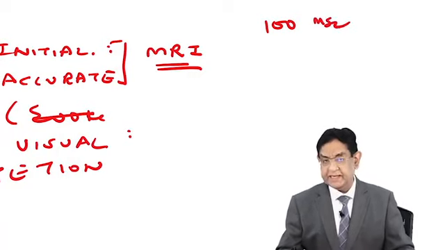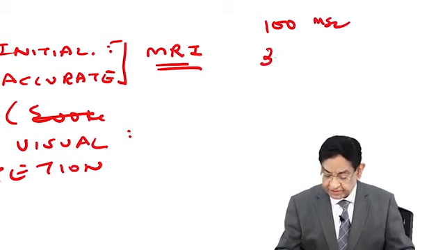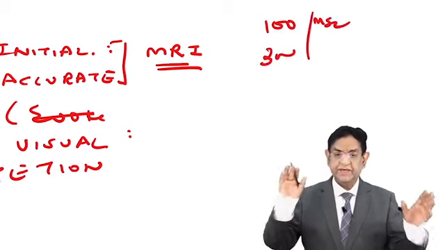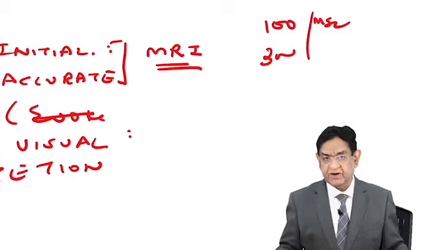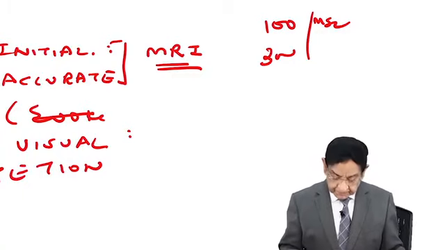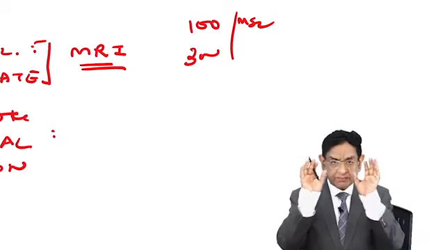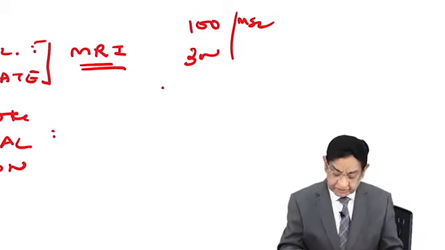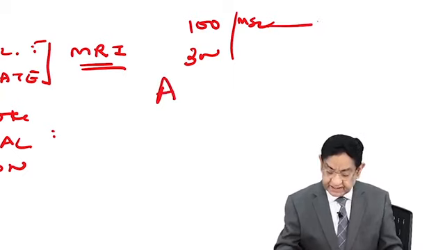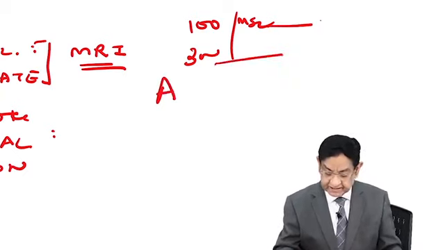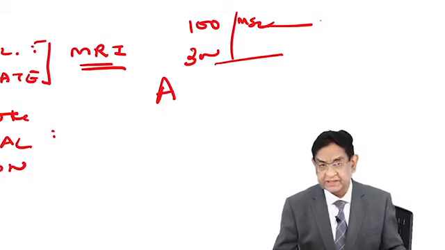In demyelinated fiber, the impulse will reach maybe after 300 milliseconds. So the conduction velocity is different, and that's why I told you, the patient is watching one figure, maybe he is watching A.